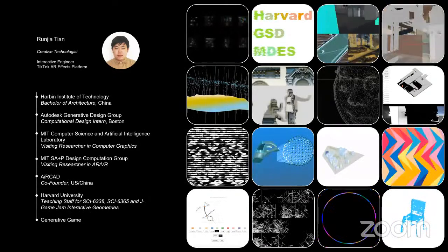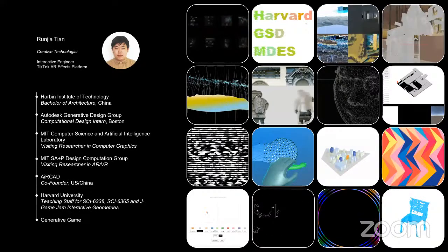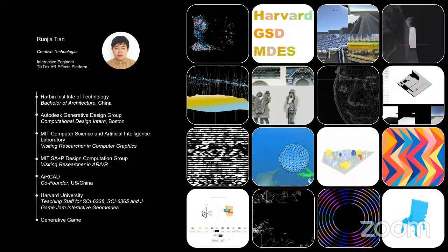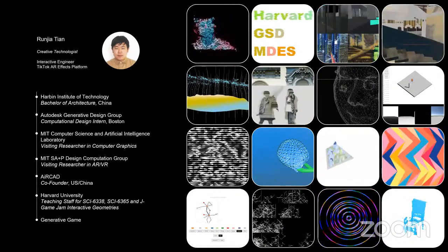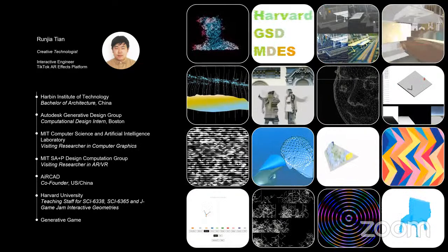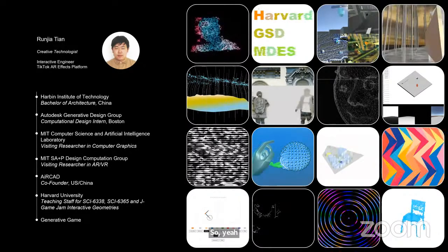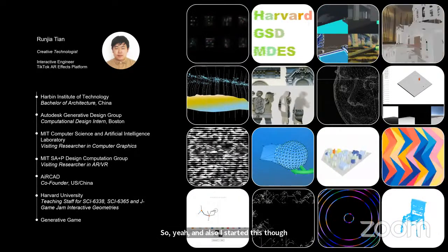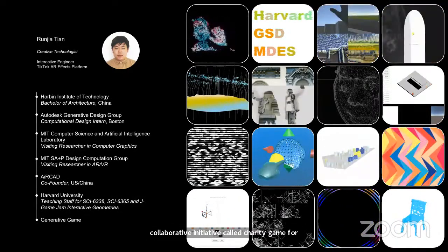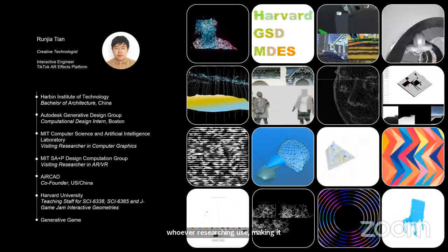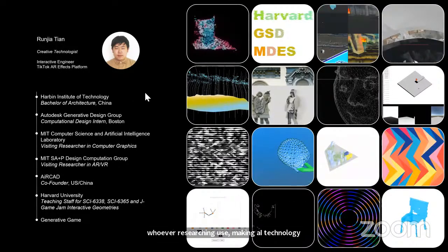Currently I'm an interactive engineer at the TikTok effects platform, but today I'm mainly focused on my previous research in architecture and AI. I also started a collaborative initiative called Generative Game for collaborative research in making AI technologies accessible for designers from all backgrounds.